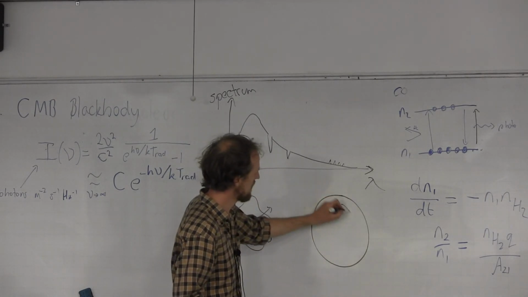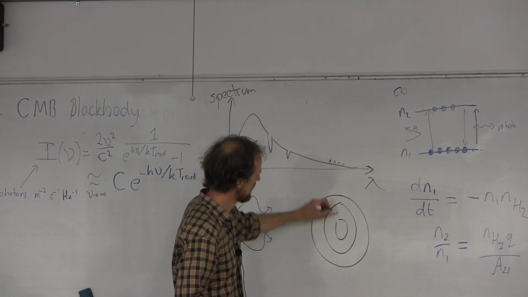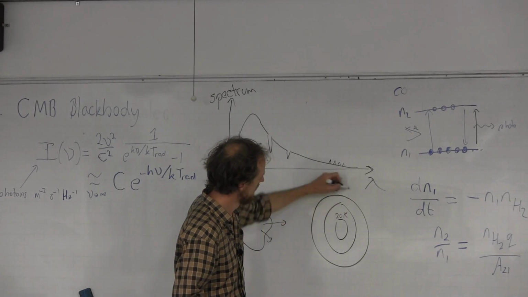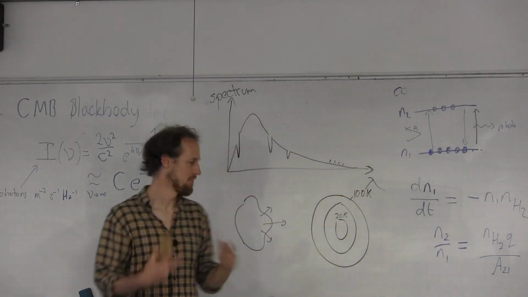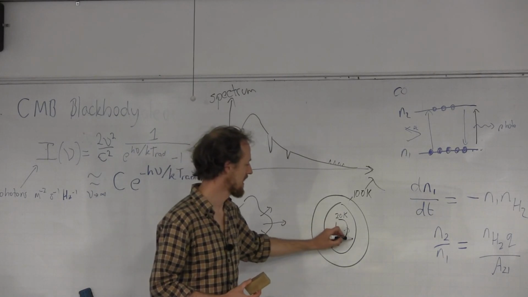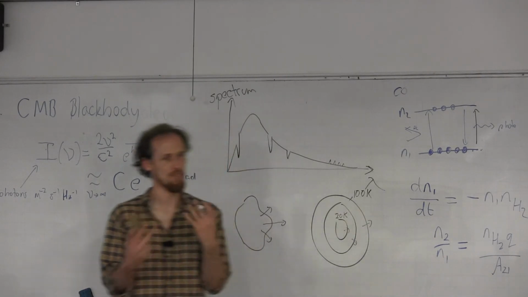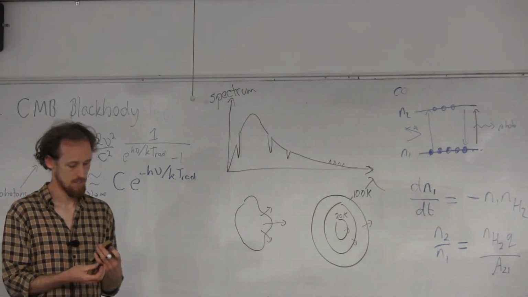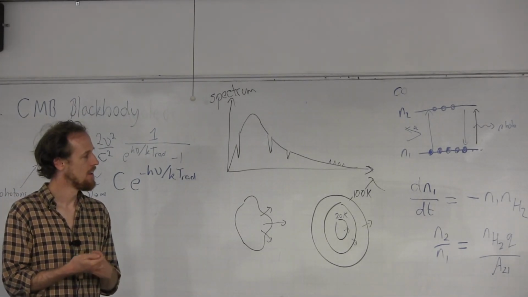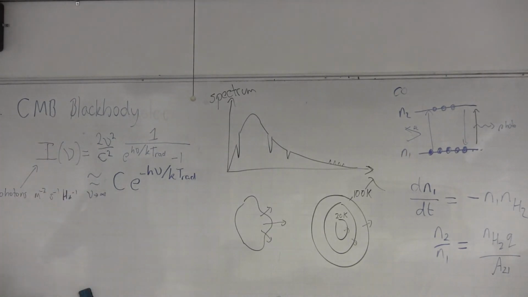Perhaps the temperature is cold in the middle and hot on the outside, and the temperature is going to affect the collisions between molecules. So then you have emission coming from different layers within the same cloud, which is not really the same emission in terms of the populations of the levels.